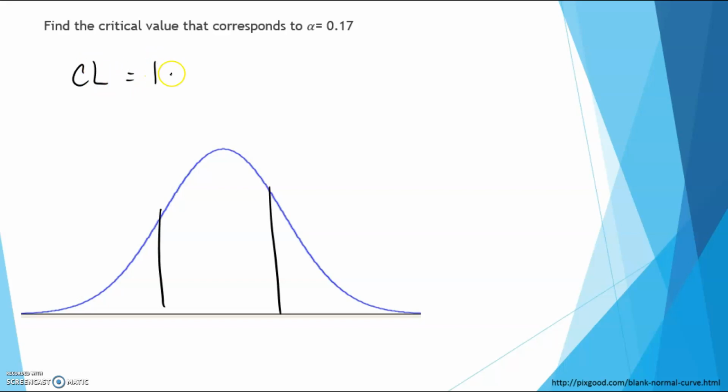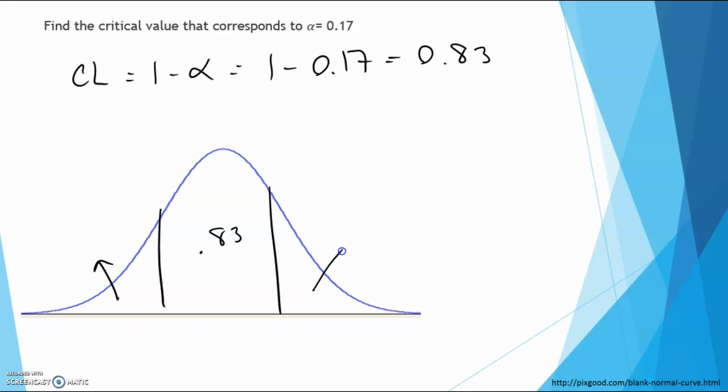Confidence level is 1 minus alpha, so 1 minus 0.17, that gives me 0.83. So 0.83, and then on either side, I know that's alpha over 2, or 0.17 over 2, which is 0.085 on both sides.